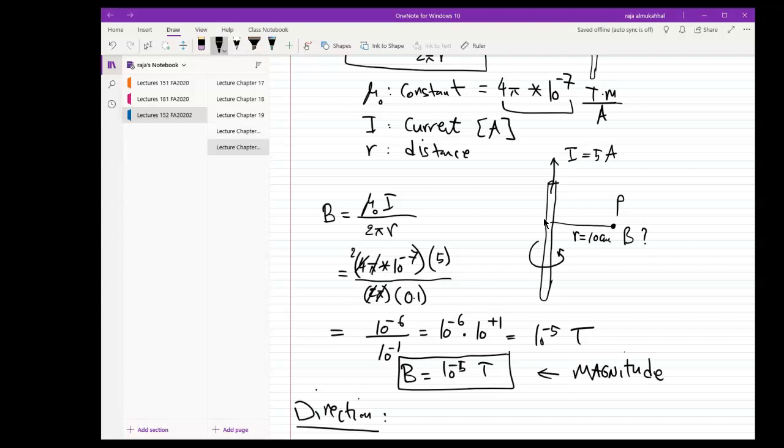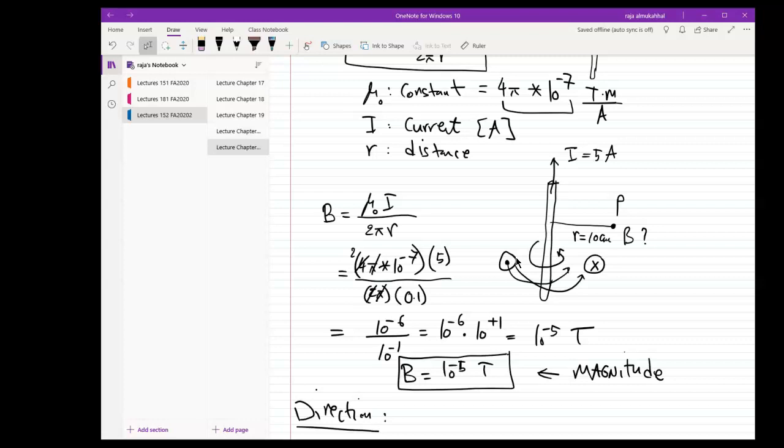See what I'm saying? So in this case, if I am looking at the magnetic field here, it's going to be into the page. Whereas if I'm looking at this side of the wire, it's going to be out of the page. Out, in. See what I'm saying? The curl of my fingers around it.